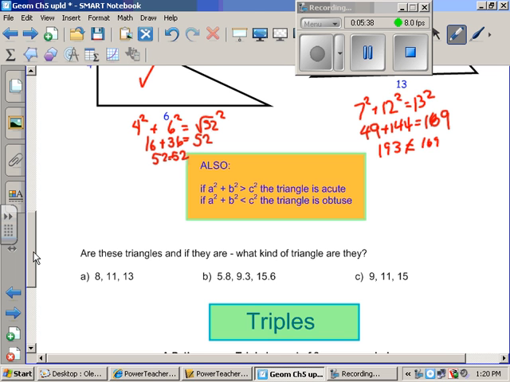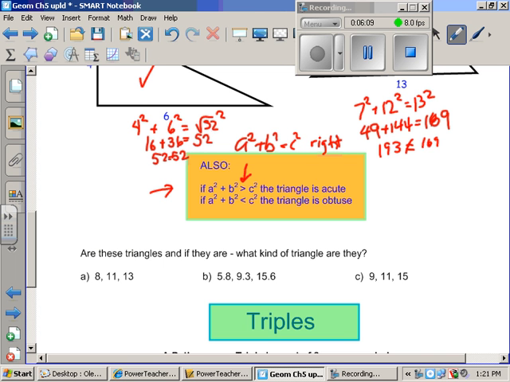So if a squared plus b squared equals c squared, then we know it's a right triangle. But if a squared plus b squared is greater than c squared, then it's acute. I know it seems a little bit counterintuitive, but because it's greater than, that means it's acute.